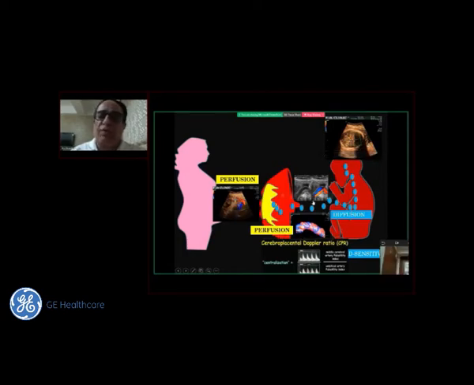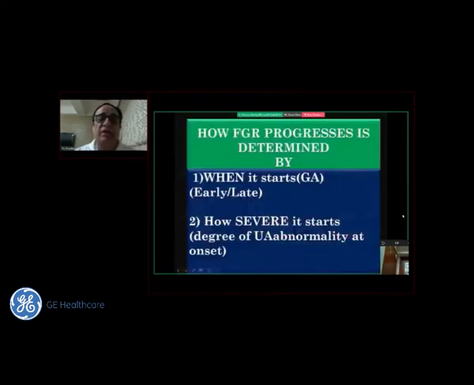So what we do, of course, is we do the middle cerebral artery and the umbilical artery, and then we take the PI of the middle cerebral artery over the umbilical artery, and this is very sensitive for looking at the diffusion problems in the fetus. The middle cerebral artery is very specific. If you've got high diastolic flow, you know there is head sparing, as he just said.